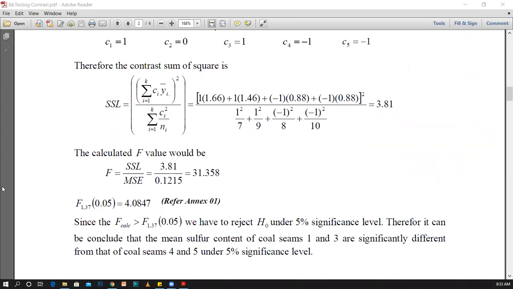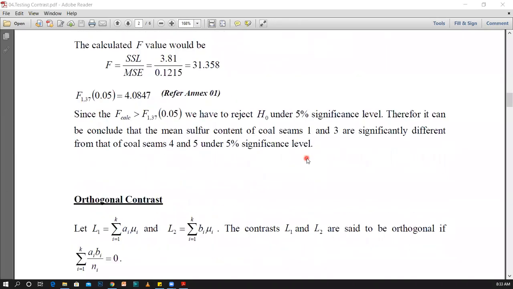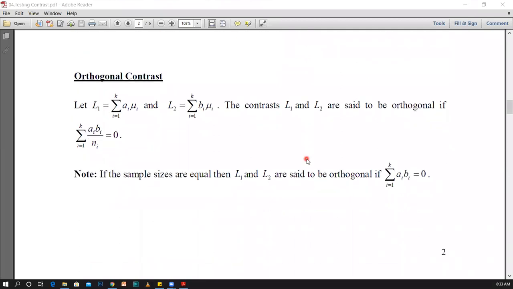Okay, now if you go through the next part, here we will discuss the orthogonal contrast. So far we have discussed testing for a single contrast. Now we are going to construct orthogonal contrasts.